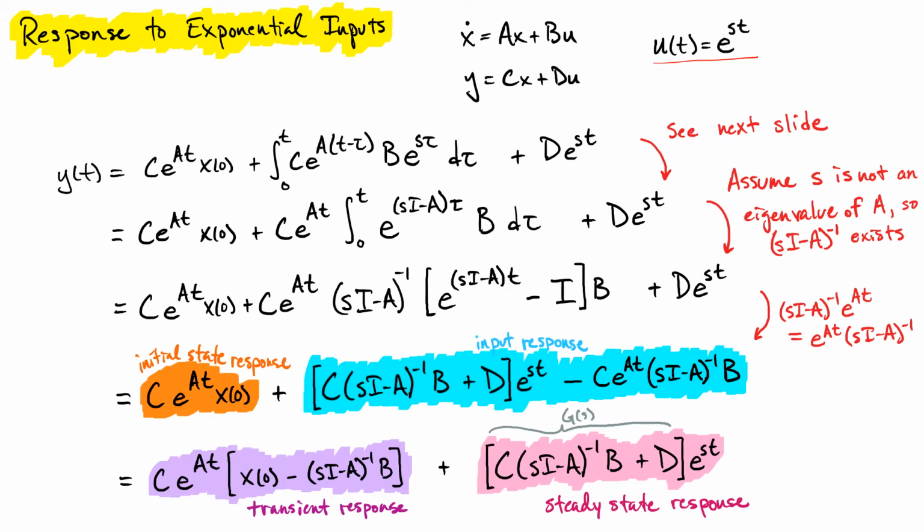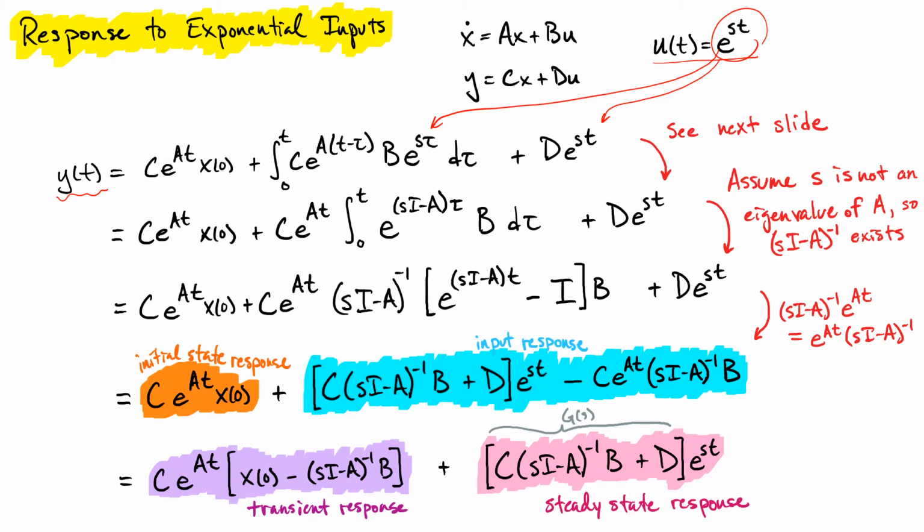It's also particularly useful because we're able to analyze this quite nicely mathematically. So we're going to start with our solution y of t as a state space solution, and we're going to plug in this exponential input into the two places where u appears in that solution. This next step seems rather intuitive.